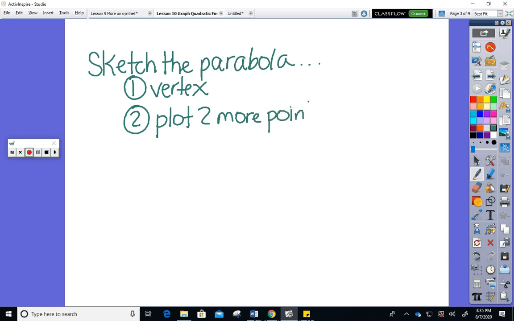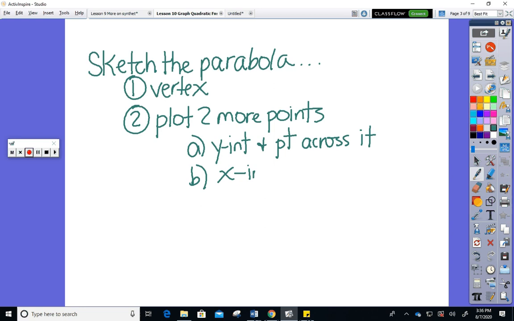All right. How do you plot 2 more points? Okay. You can plot the y-intercept and the point across from it if the y-intercept will fit on your paper. You could plot the x-intercepts, and that would be 2 more points in general.